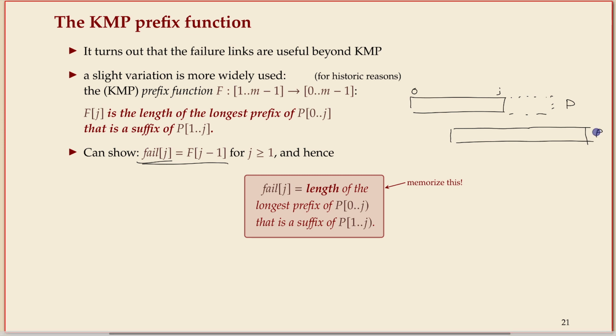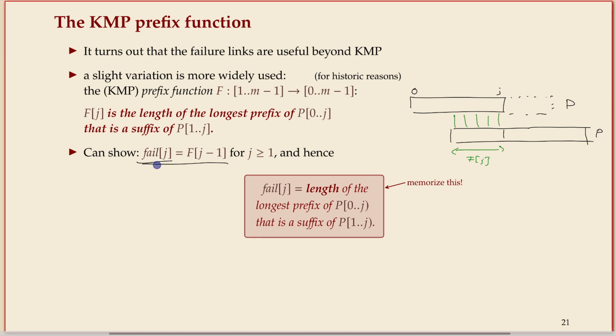The length of the longest prefix that matches here, and I guess mismatches after, and there's no shorter way. So that is f of j. Right, and that's very similar to how we defined the string matching transitions. So there's no surprise that this is the same as fail, apart from renaming things.